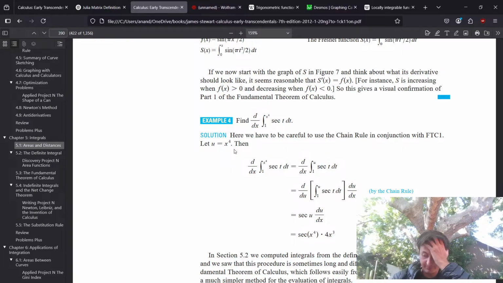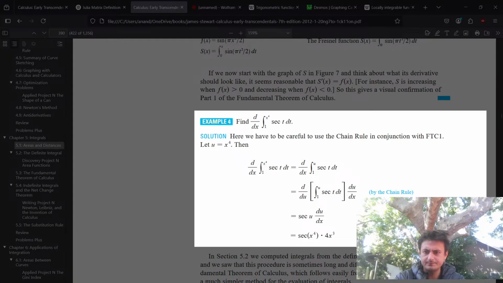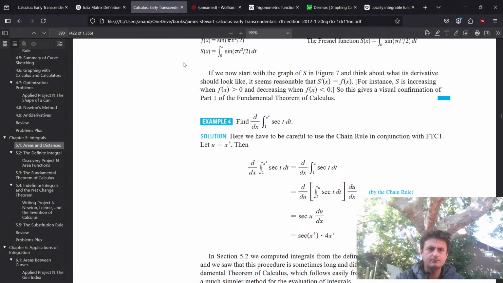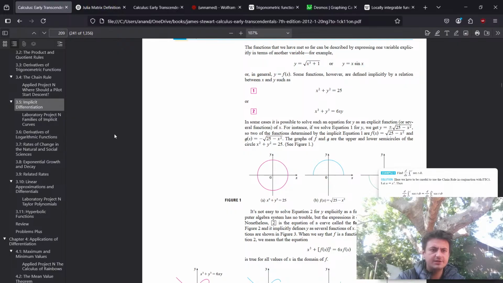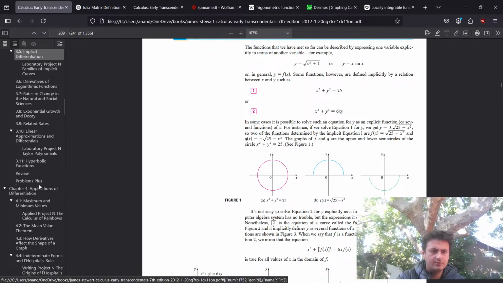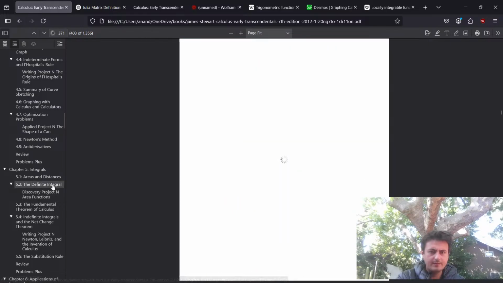Yeah. So it doesn't actually matter. What is it called again in the definite integral? What do they call it?